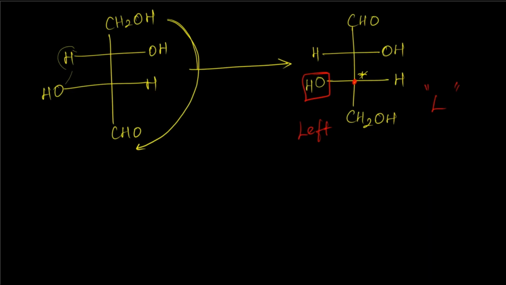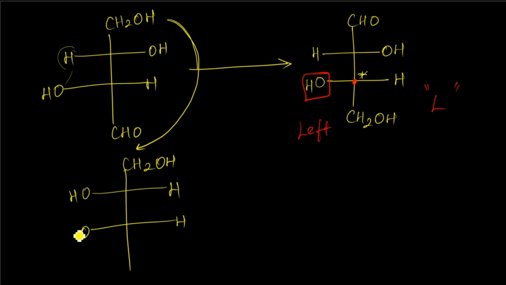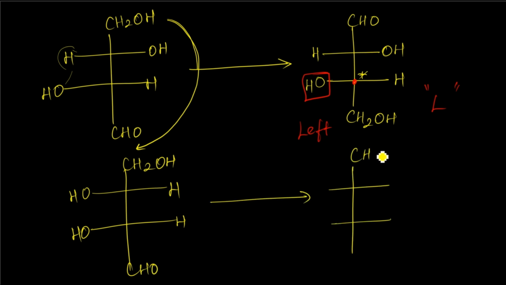Okay, so let's move on to the second molecule, which is having CH2OH, H, H, OH. Very simple, isn't it? So I'm just doing the rotation in the way that the oxidized one, the CHO, is on the top.